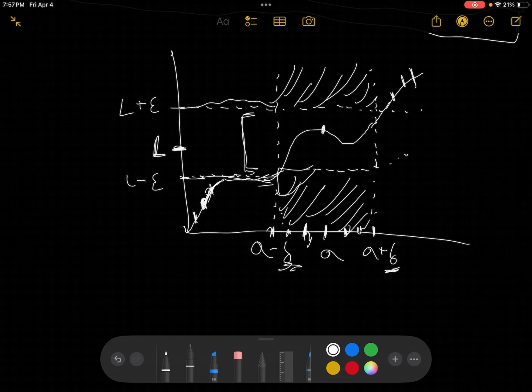So in this example, the limit would be this number right here, but then we can draw a different function where the limit is this number right here.